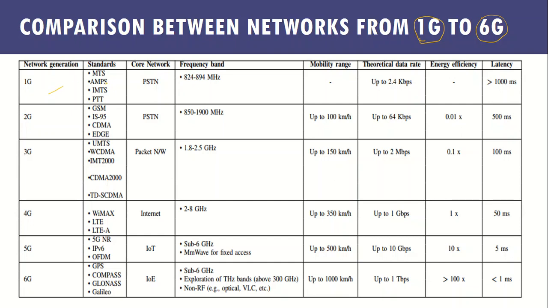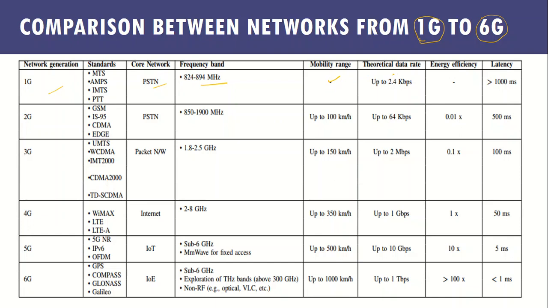Here it uses the analog mobile phone system, the core network is the public switched telephone network, PSTN, and the frequency band is 824 to 894 megahertz. The mobility range: if the user makes any movement, they will not receive coverage or signal. So in 1G, only while standing in a particular place or location could the user communicate.